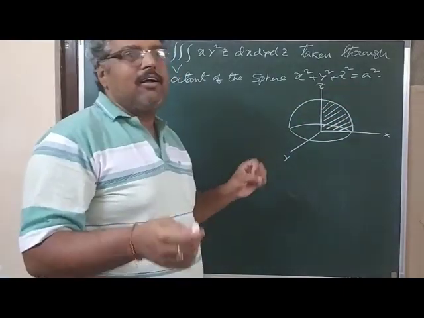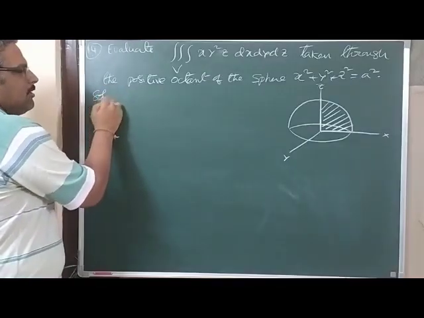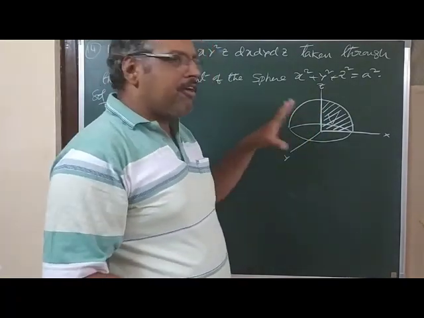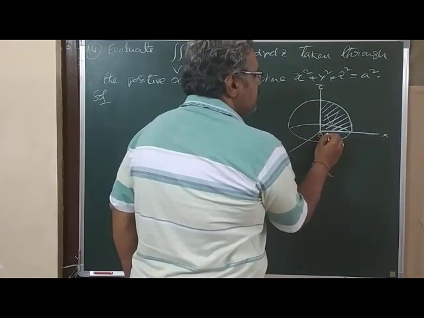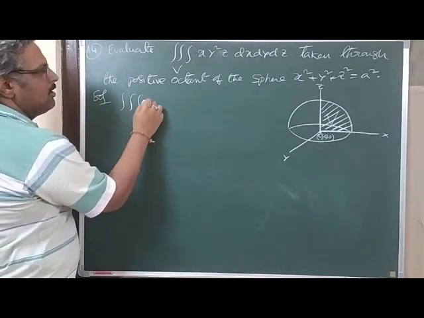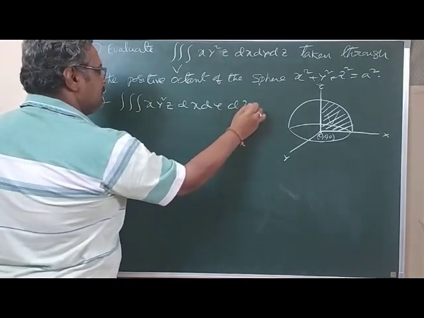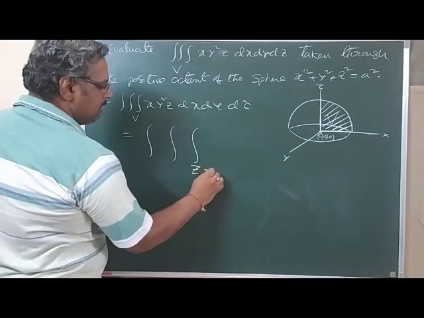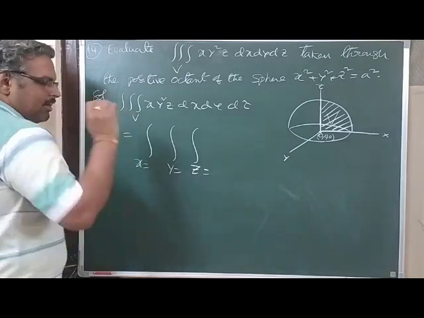Now, what are the limits of this volume? This is a three-dimensional geometry, so our limits start from 0, 0, 0. The triple integral of x y square z over the volume V equals, first z limits. I will take z limits, then y limits, then x limits.